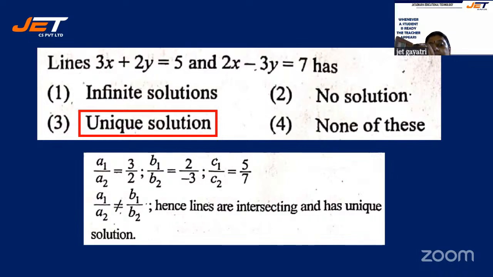Now let us take a1 by a2. Is it equal to b1 by b2? No, it is not equal to b1 by b2. Hence, lines are intersecting and it has a unique solution. All right. So this is a rule, isn't it? We all would have learned. So if a1 by a2 is not equal to b1 by b2, then the lines are intersecting and it has a unique solution. All right.